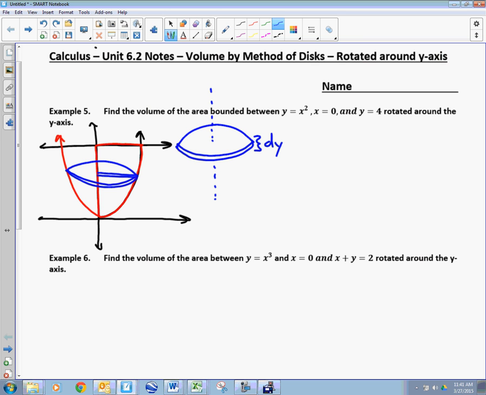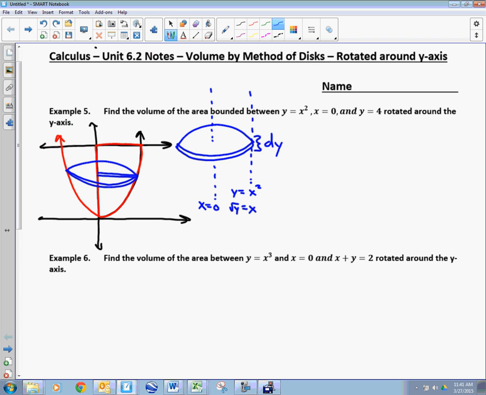What makes the center? x equals 0. And what makes the outside? y equals x squared. Uh-oh, that's an x. So I need to change it to y. So therefore I have the square root of y is equal to x.